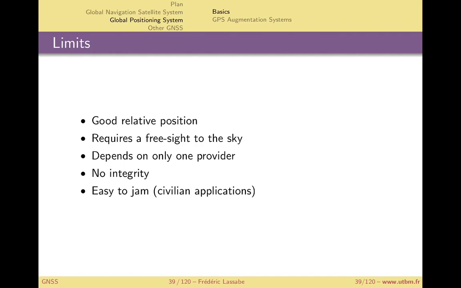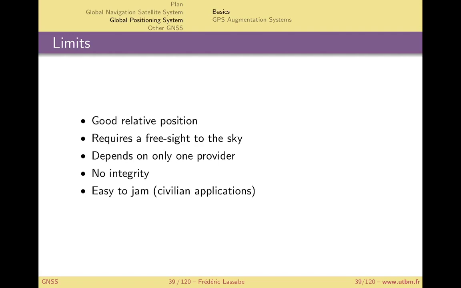It depends on only one provider, so a few years ago I said that relying on the United States of America is not always a good idea. We know that they spy on everyone on a big scale through social networks, your emails and so on.